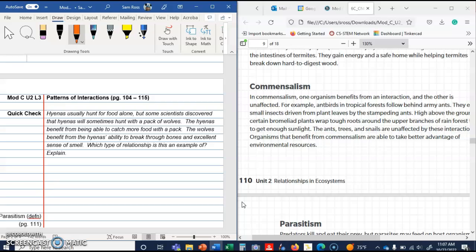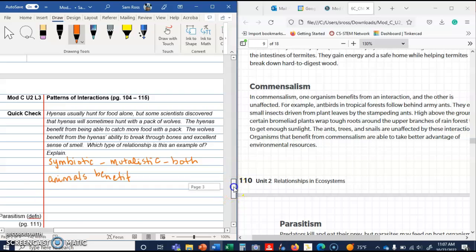What type of relationship is explained? So we know that this is a symbiotic relationship. Which symbiotic relationship? It's going to be a mutualistic relationship because both animals benefit.